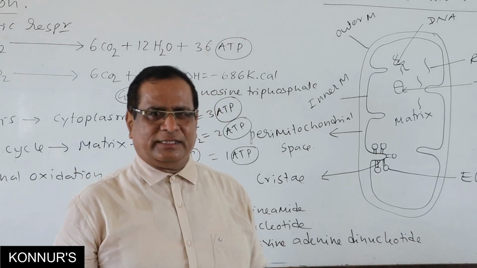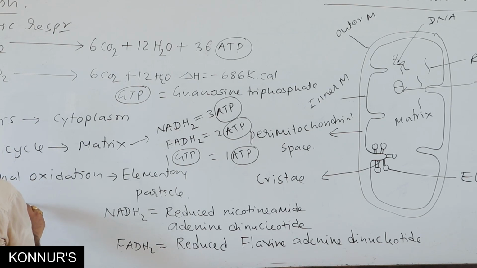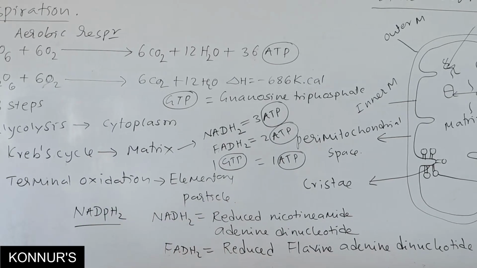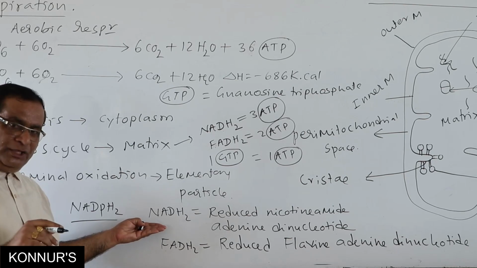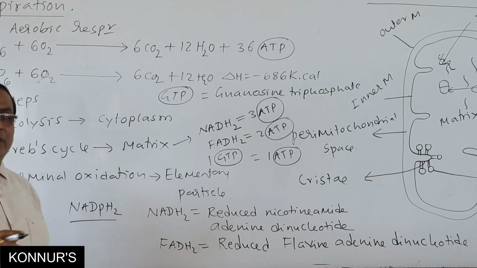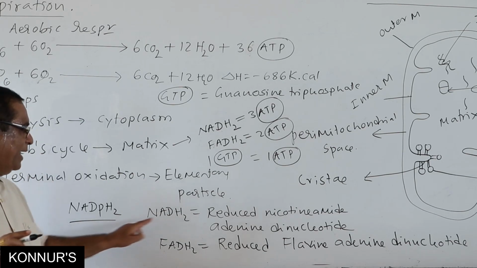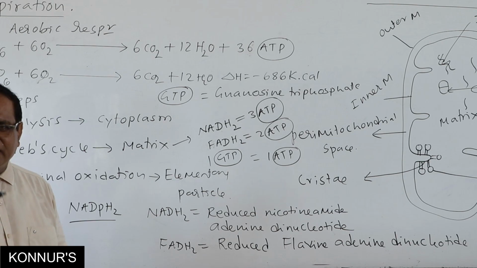While dealing with photosynthesis, we came across NADPH2. What is the difference between NADH2 in respiration and NADPH2 in photosynthesis? One similarity between them is both of them are reducing agents.